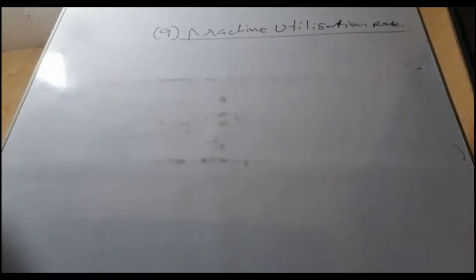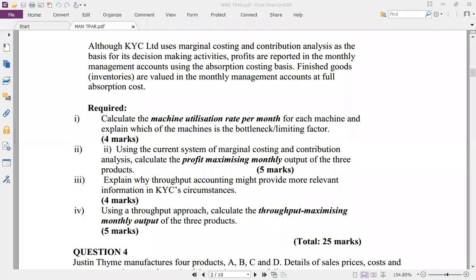So let's go to the question and look for the products and look for the resources. That's the machines. Once they say machine utilization rate, then basically they are looking for which of the machines will be the bottleneck. So now let's start.